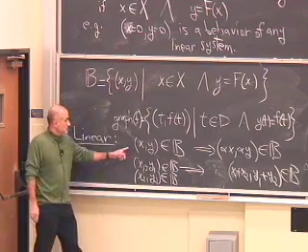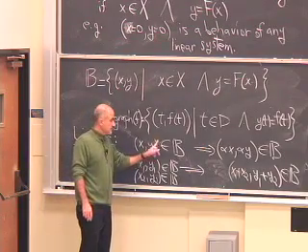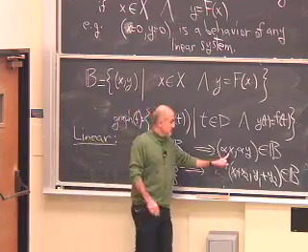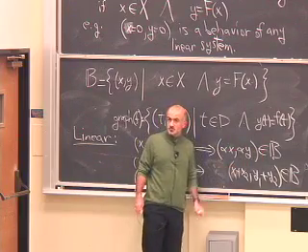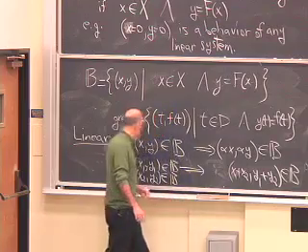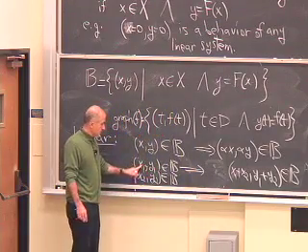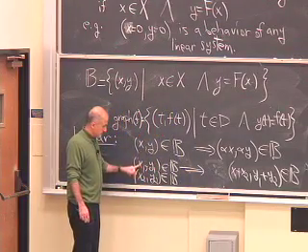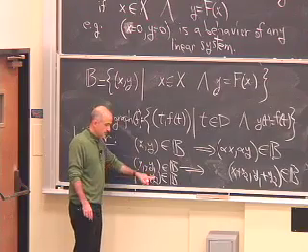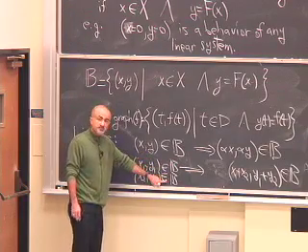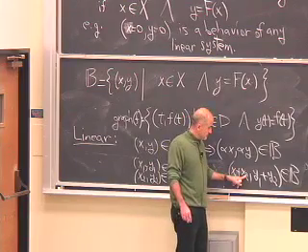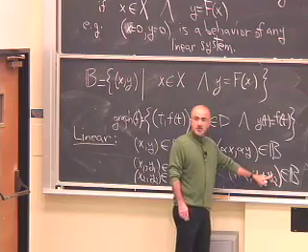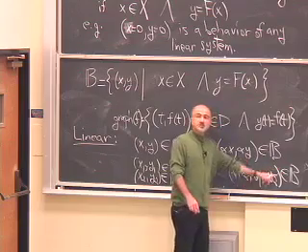Right? So if you take any input-output signal that's a behavior of the system, you scale the input signal and you scale the output signal, you get another behavior of the system. And if you take any two input-output pairs, x1, y1 and x2, y2, which are behaviors of the system, then if you add x1 and x2, and correspondingly add y1 and y2, you get another behavior of the system.